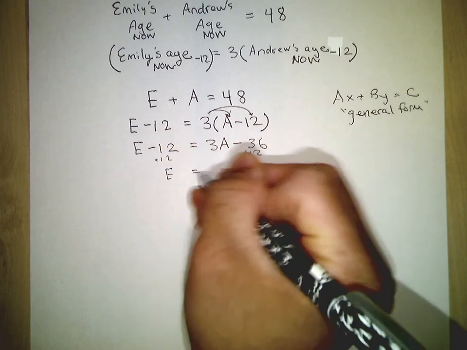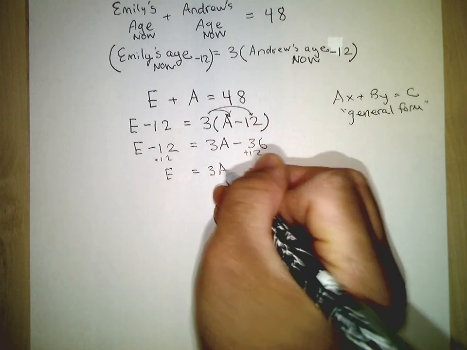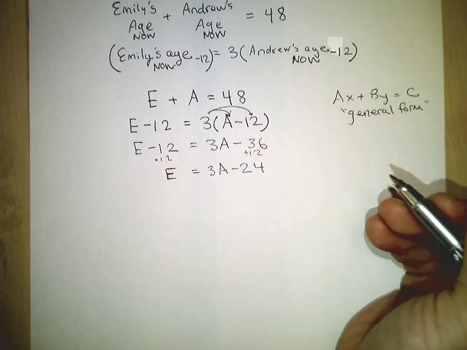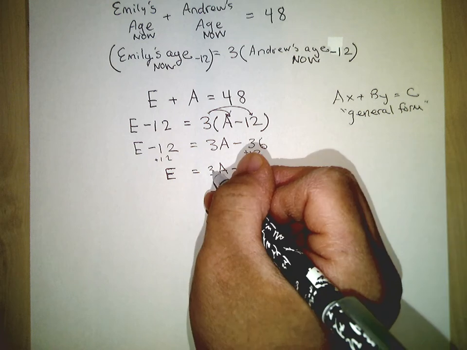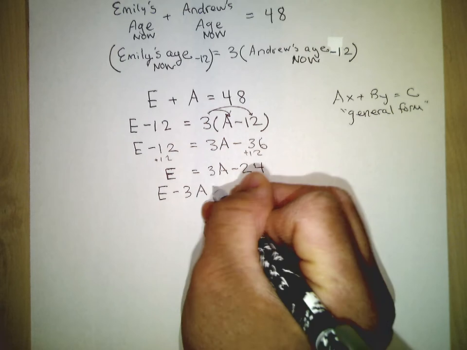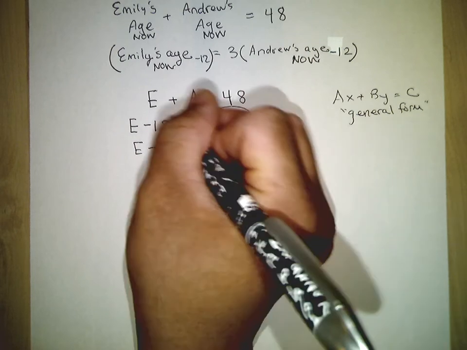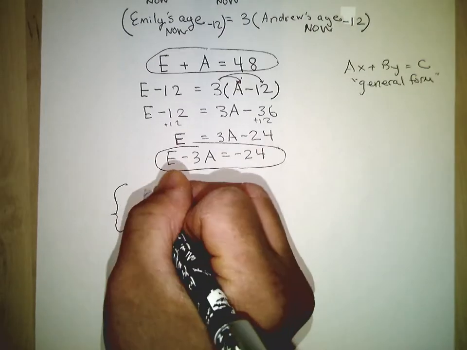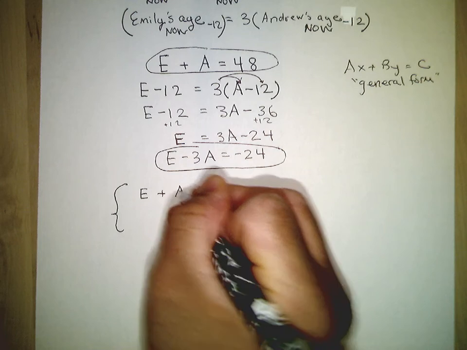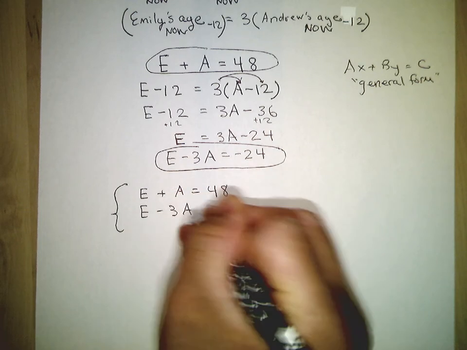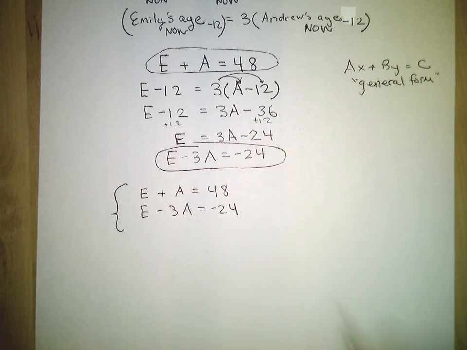So E is equal to 3A minus 24. Now, then you could subtract the 3A, so E minus 3A is equal to negative 24. So here is one equation, and here is the other equation. So I'll write them next to each other. E plus A is equal to 48, and E minus 3A is equal to negative 24.